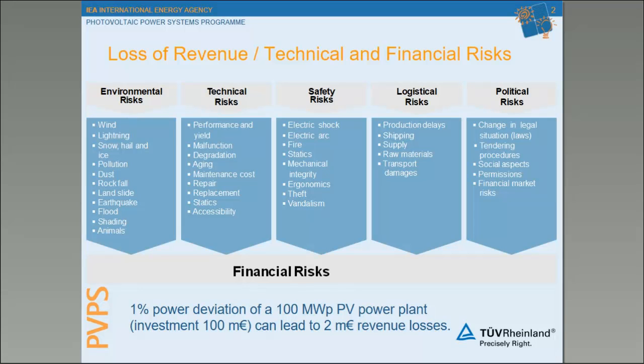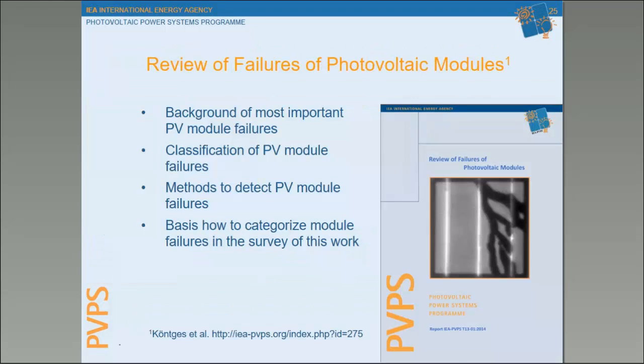In order to avoid this financial loss, we started our work within IEA PVPS Task 13, first of all to review different failures of PV modules and components. We looked for background information on how the most important and relevant failures have to be considered.